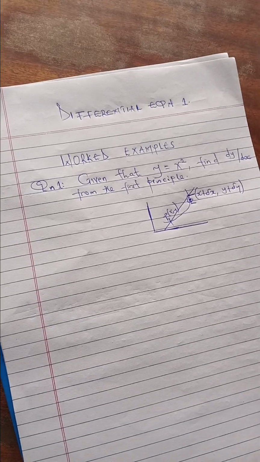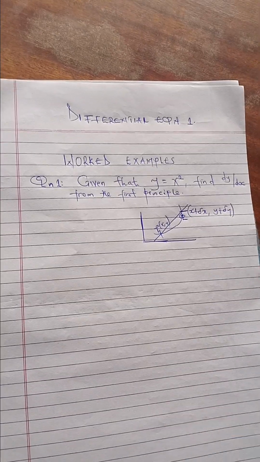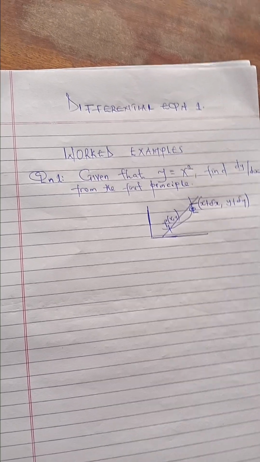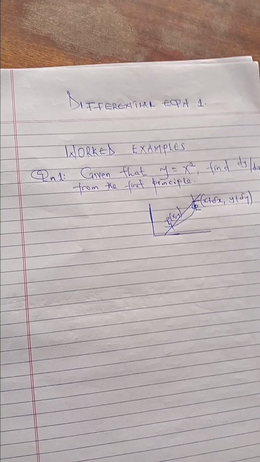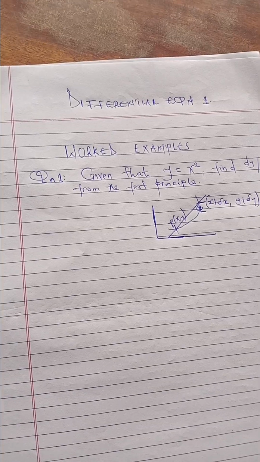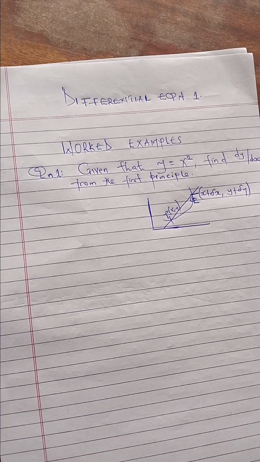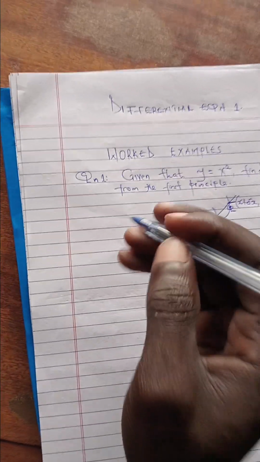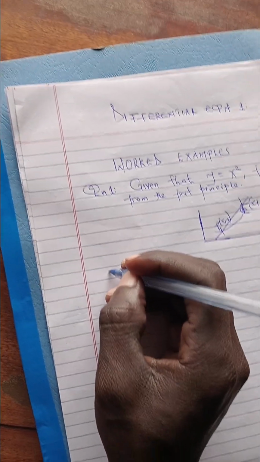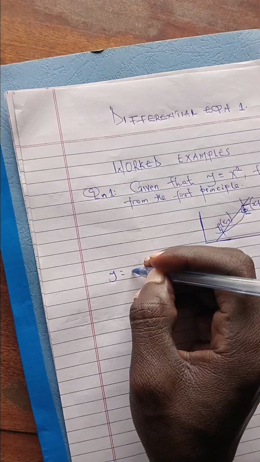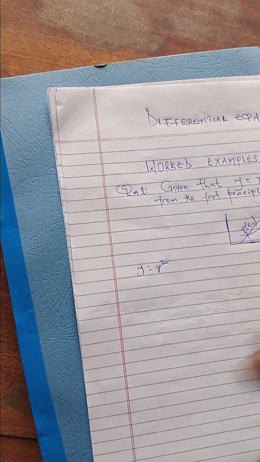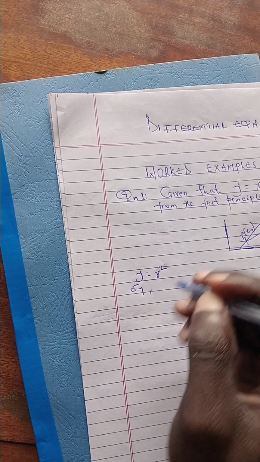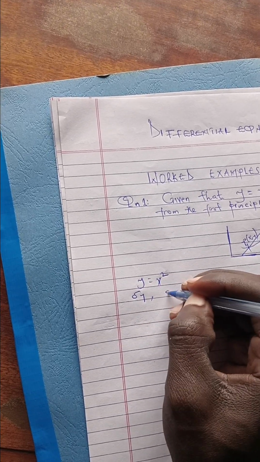Now let's look at how we can use the abstract based on Mr. Newton and Mr. Leibniz for us to derive and have the solution for the given challenge at hand. You are given y equals x squared. So we say the small increment in y is given by delta y and small increment in x is given by delta x.